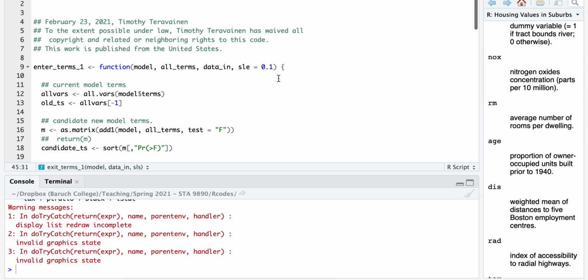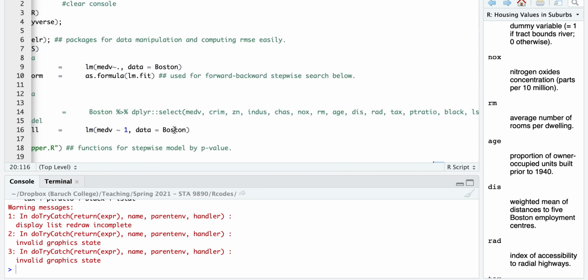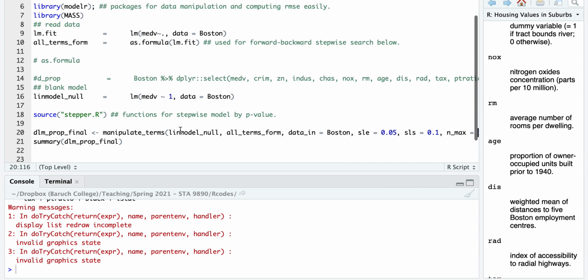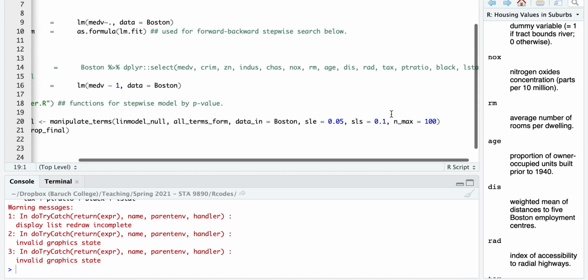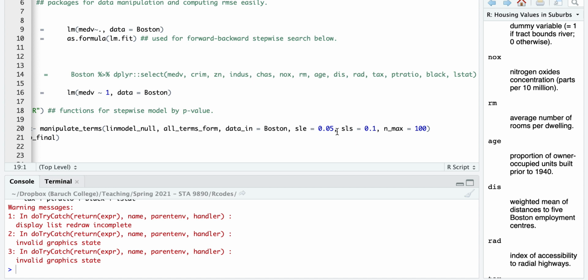Okay. Let's try to use this. We start with the null model. We give all the terms, data, the entering threshold should be 5%, and the exit should be 0.1.